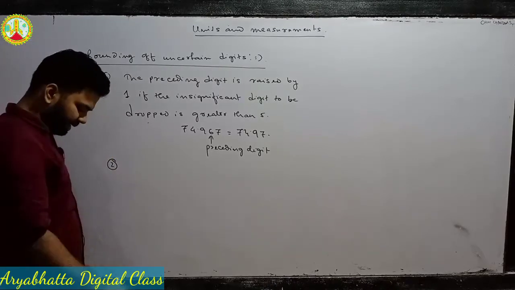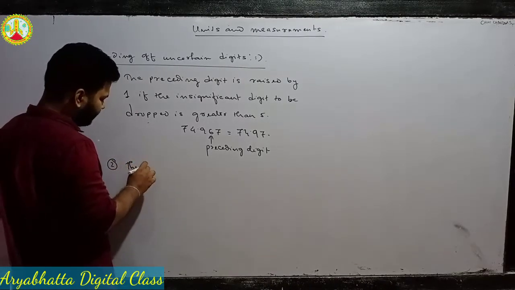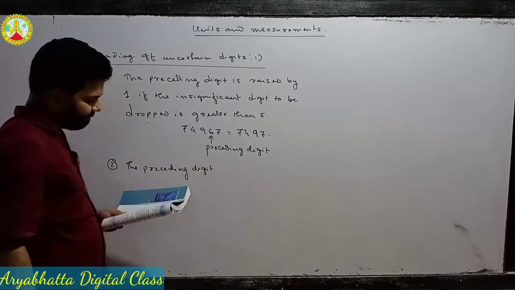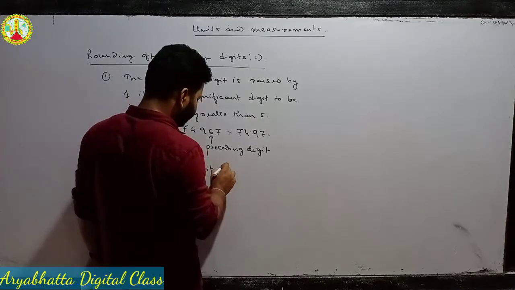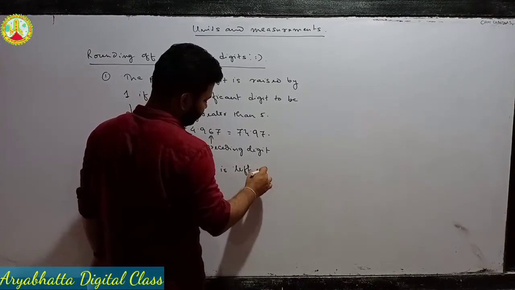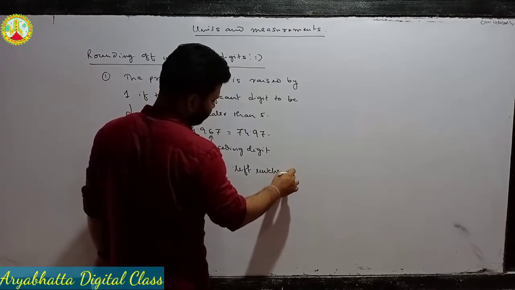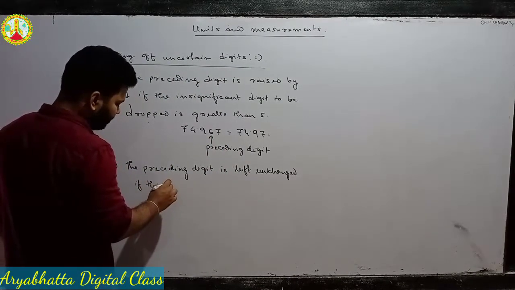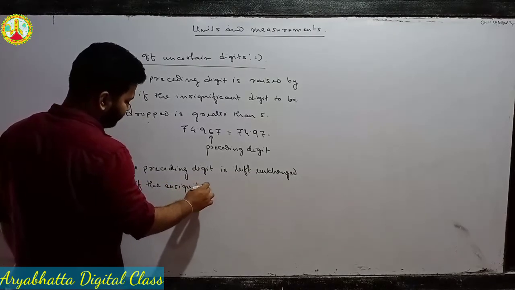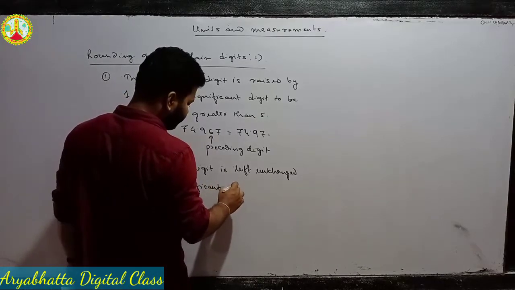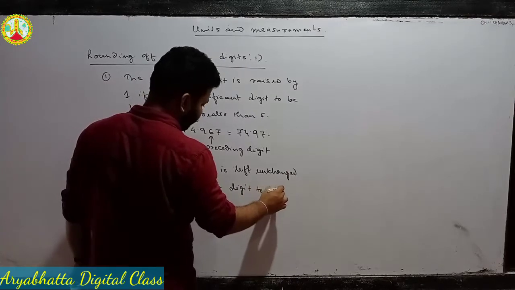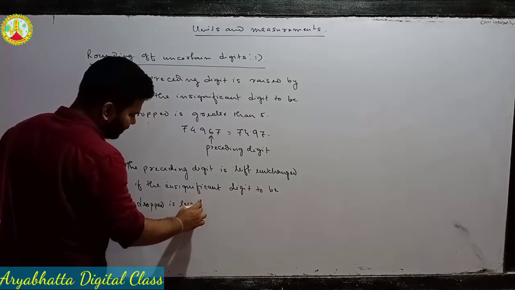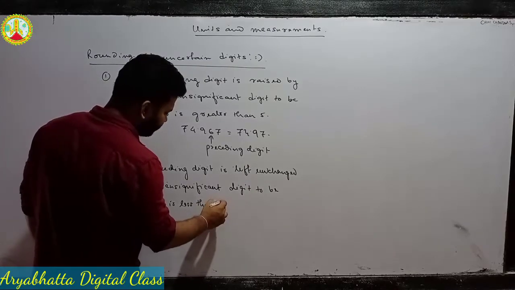Rule number 2 is exactly the opposite of this: the preceding digit is left unchanged if the insignificant digit to be dropped is less than 5.